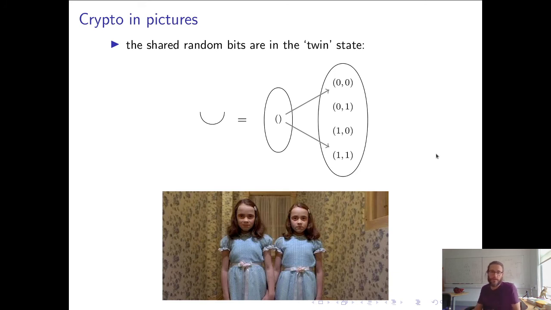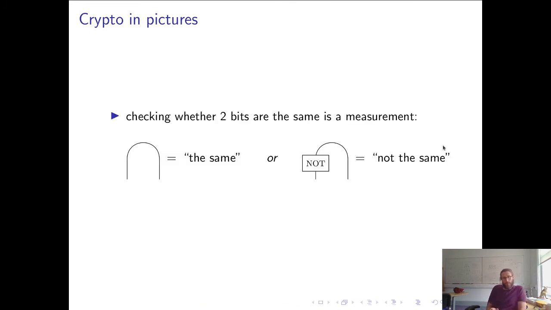So these bits are either in the state 0, 0 or 1, 1. Now when I open the envelope and check whether it's the same as my secret bit or not, I'm performing this measurement. I'm checking whether they're the same, which looks like a cap, or I'm checking whether they're different, which looks like doing a NOT to my bit and then doing the cap.